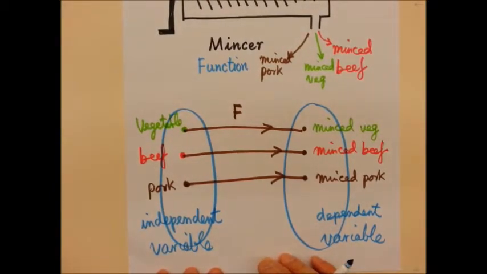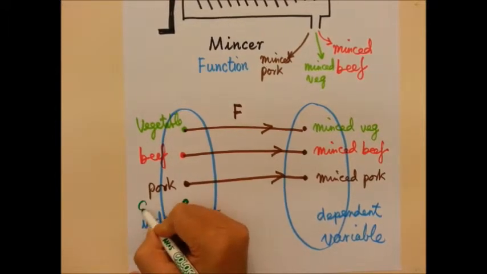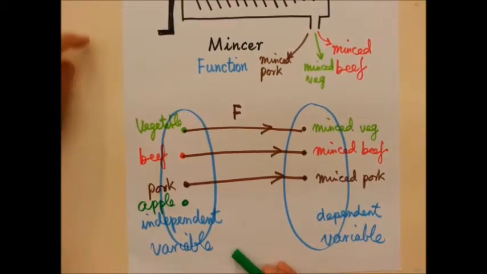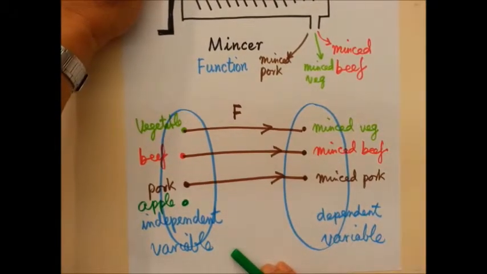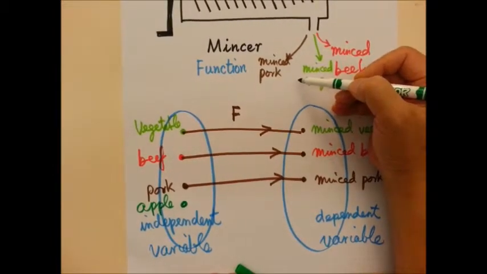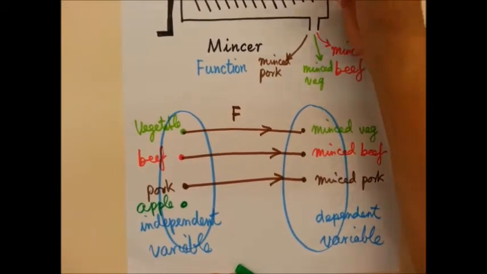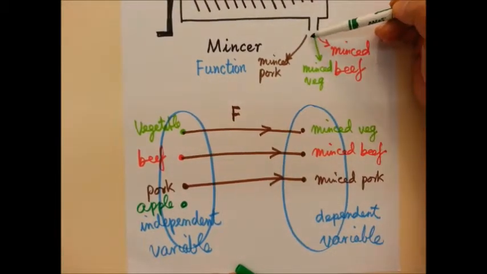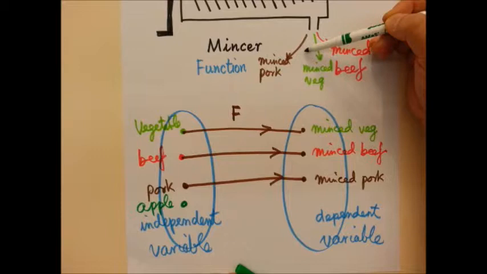And if I put, say, the apple inside, what will happen? Will there be nothing coming out? No. All the apple will come into the machine and then come out as the minced apple.